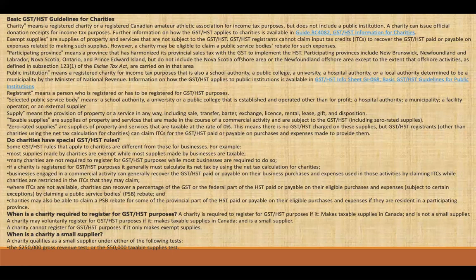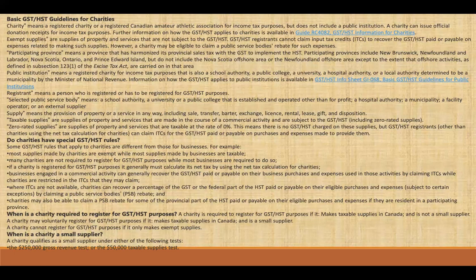Do charities have special GST/HST rules? Some GST and HST rules that apply to charities are different from those for businesses. For example, most supplies made by charities are exempt, while most supplies made by businesses are taxable.